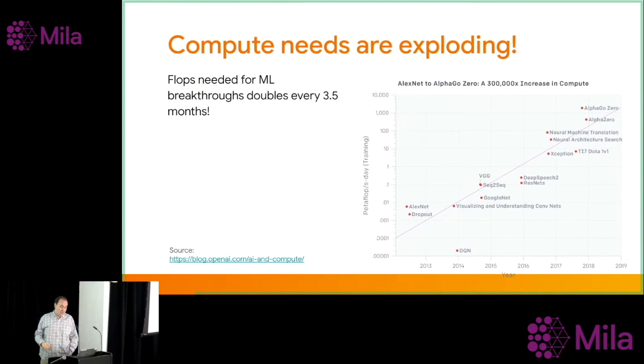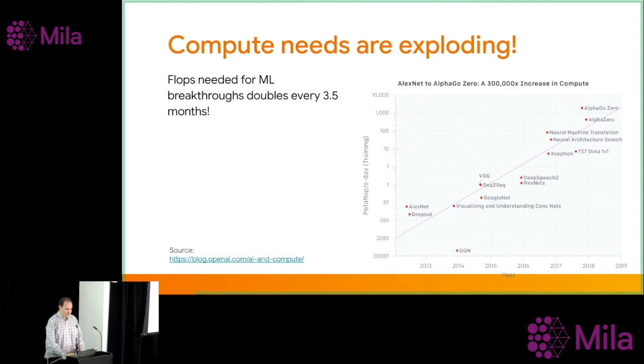So in fact, our ML usage is outpacing our CPU growth. This is a big problem, right? So the question is, how can we train bigger, more modern models quickly in a cost-effective manner?